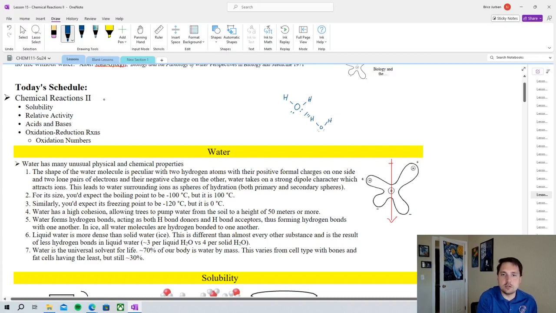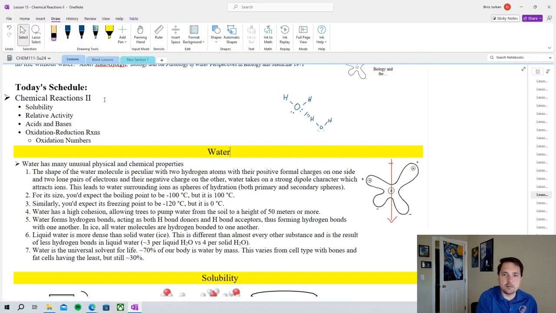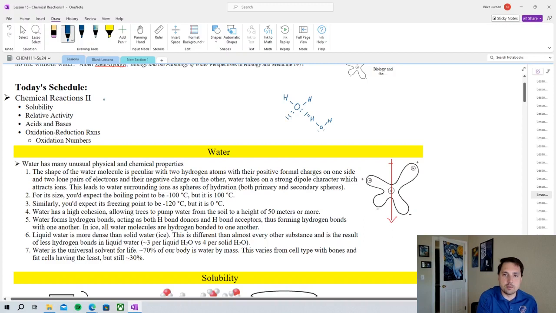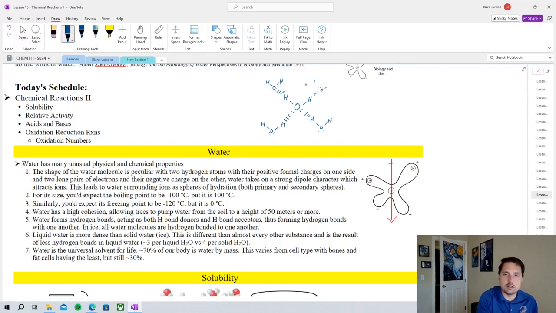And since water has two lone pairs, it can be donating those lone pairs into hydrogen bonds for two water molecules. And then its hydrogens can accept the lone pair from two other water molecules, so that each water molecule can be surrounded by up to 4 water molecules. And all the water molecules I have drawn so that their dipoles are also aligned.